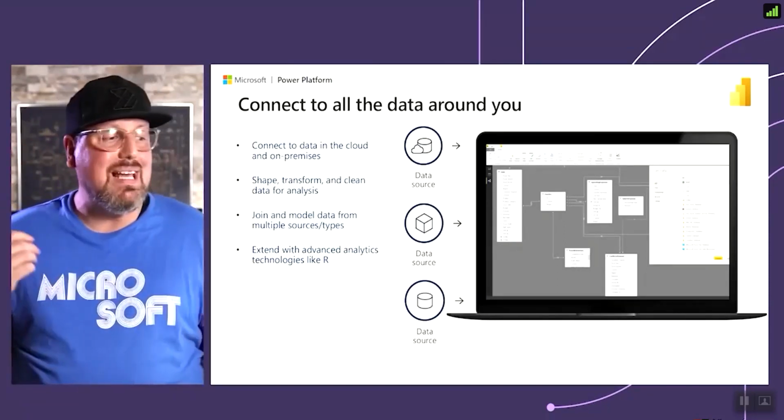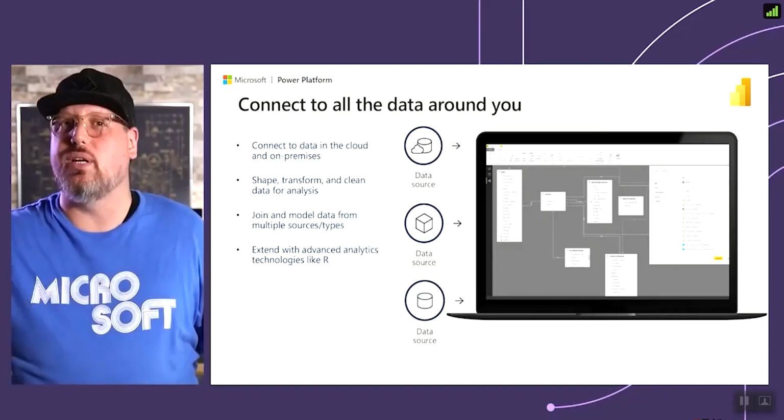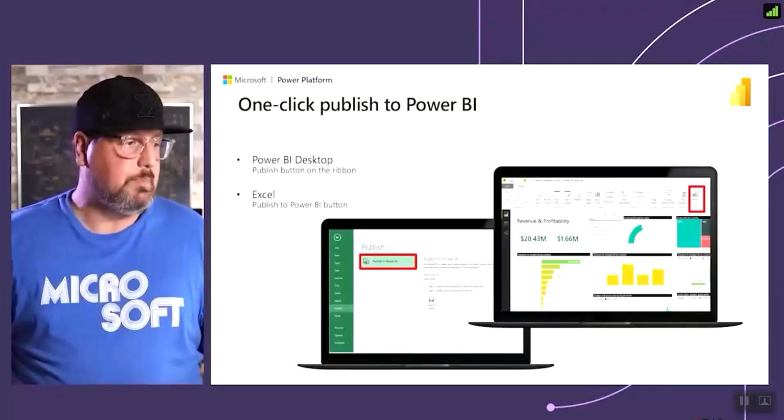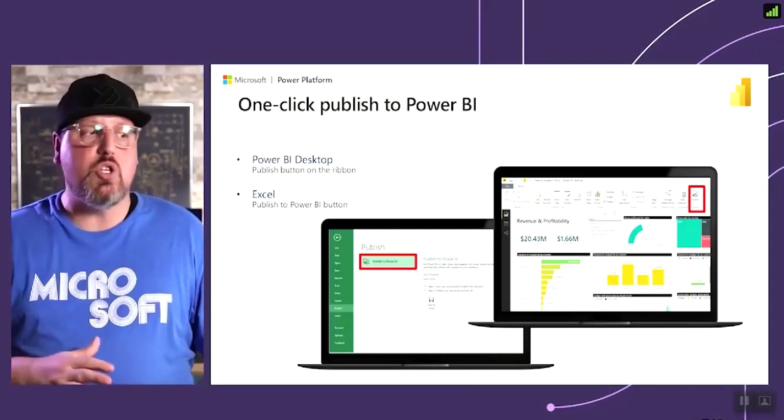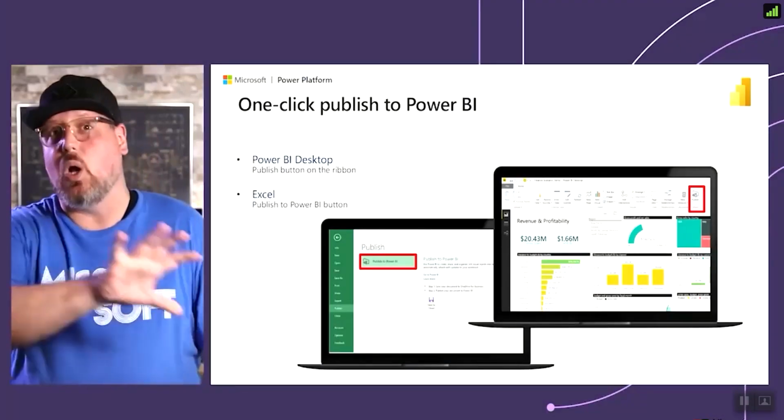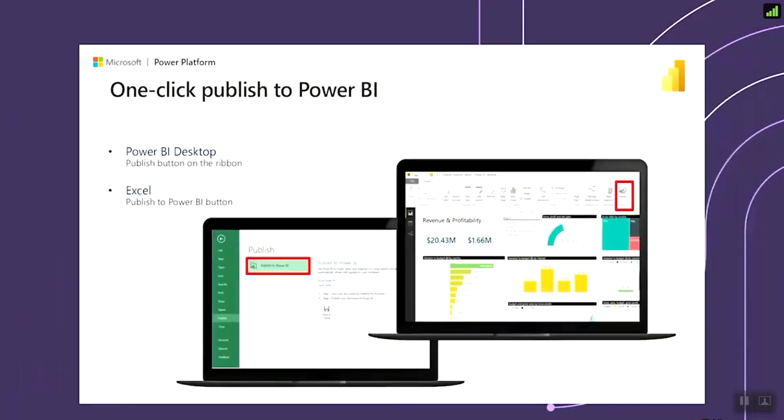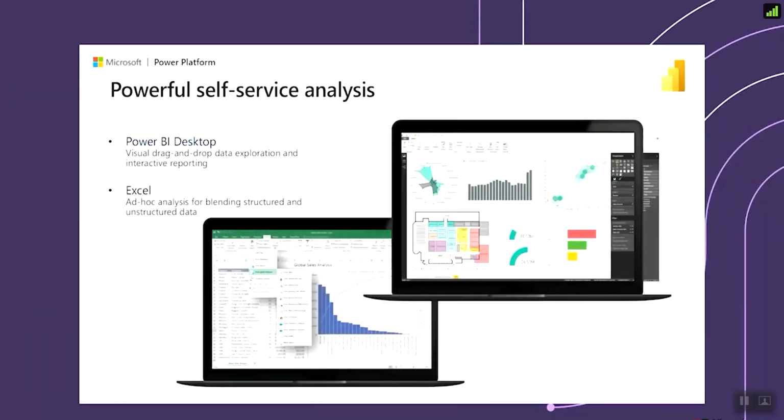And finally, you can extend with advanced analytics and even do predictive models using R. You can quickly publish to Power BI from Power BI Desktop, but also from Excel directly. And this provides always powerful self-service analysis. So in Power BI Desktop, you got the visual drag and drop and exploration, and you got Excel to build some ad hoc analysis for blending structured and unstructured data.